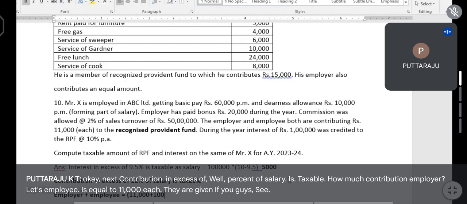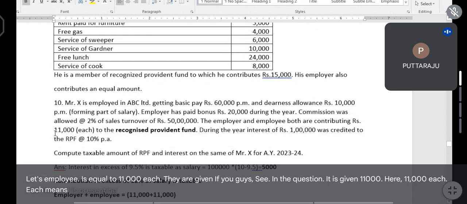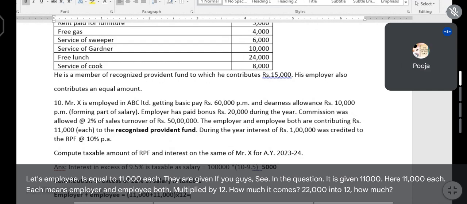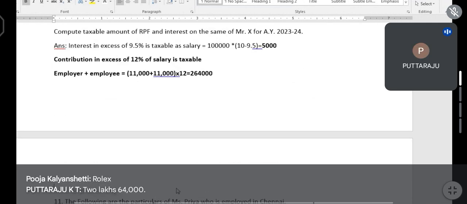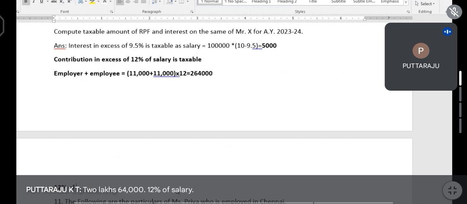In the question, it is given 11,000. Here 11,000 each. Each means employer and employee both. Multiplied by 12. How much it comes? 22,000 into 12, how much? 2,64,000. 12% of salary.